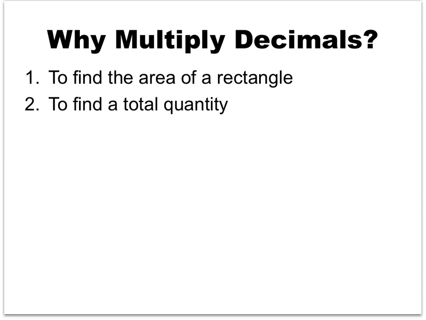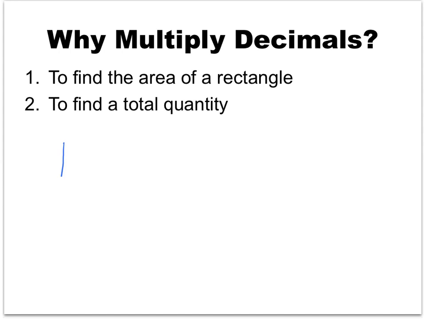Now, next question, or the third question we asked ourselves is, why would we multiply decimals in the first place? Well, there's at least 2 reasons that we would multiply decimals. The first is to find the area of a rectangle. Remember when we talked about area, we said that the area of a rectangle is width times height. Now, we justified that using whole numbers, but that idea applies to decimals and even fractions as well.